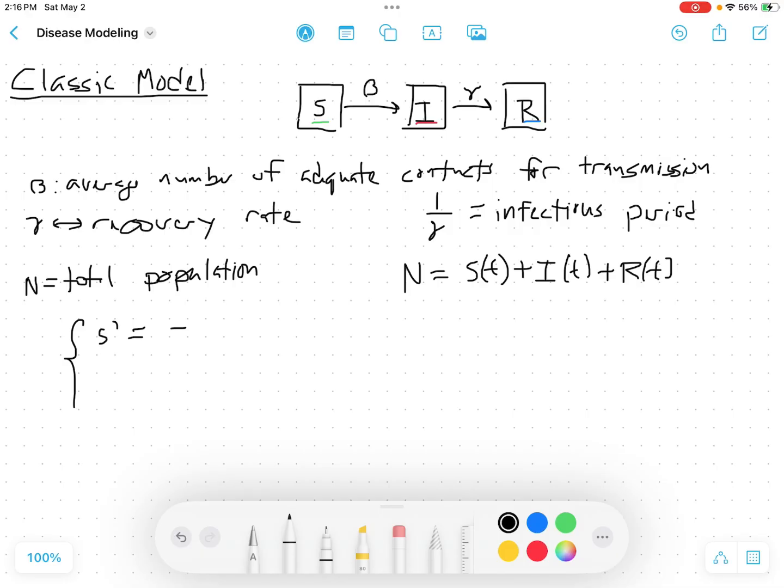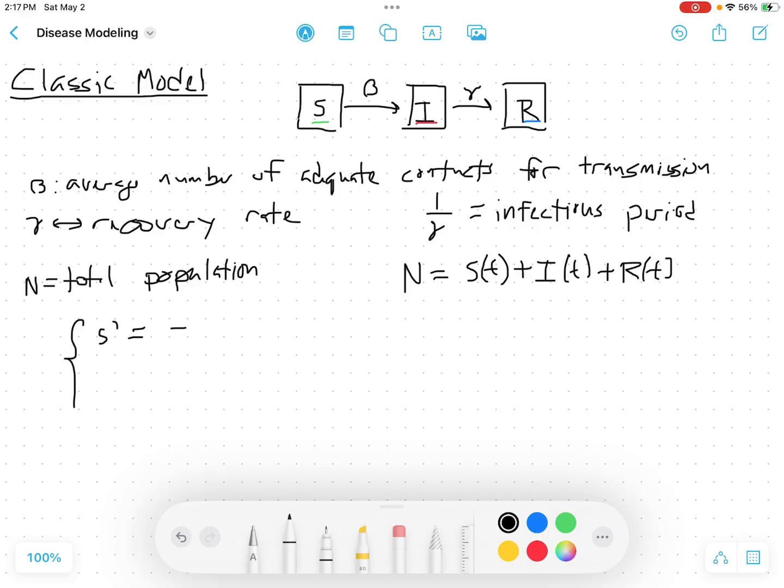That said, we also need to keep track of how likely it is that you're going to run into an infected person. If there aren't all that many infected individuals out there, then you're not as likely to have adequate contact with somebody infected for transmission. And if there are a lot of people who do already have the disease, catching it is just more likely because there are more people around who are capable of spreading it.